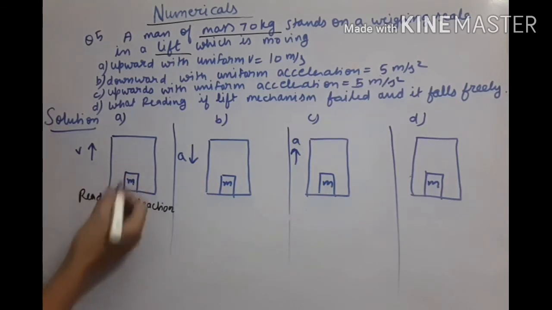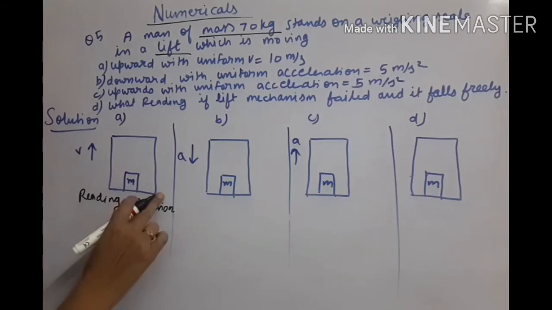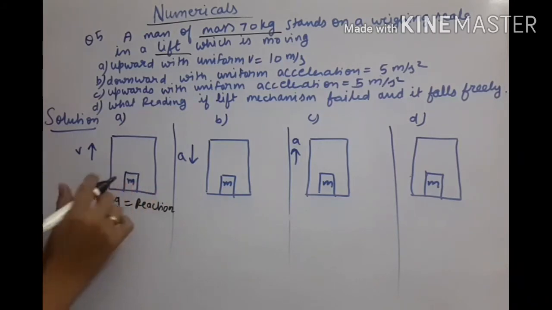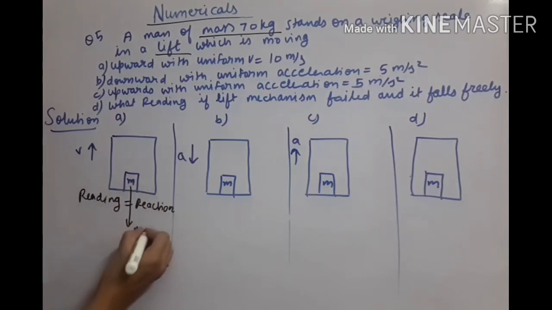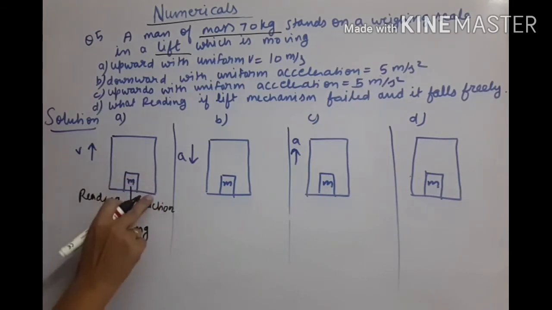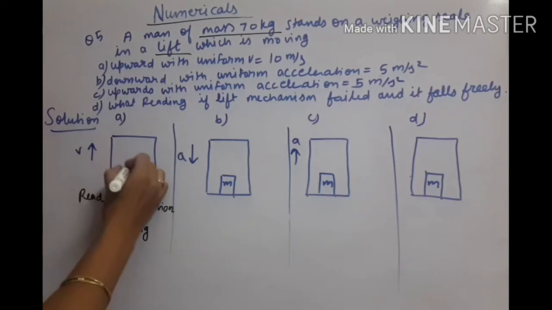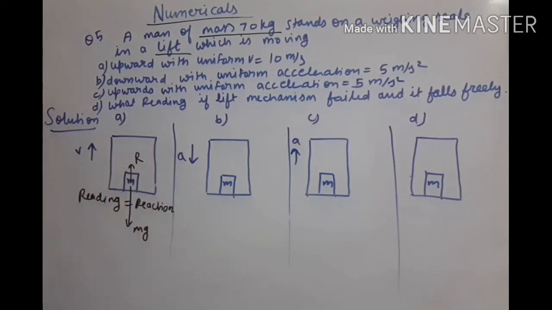So let us show all the forces here. This lift is a surface. Since this person is touching the surface, weight mg is downward and the floor of the lift gives the reaction force in the upward direction. So here reaction R is equal to mg. Why?